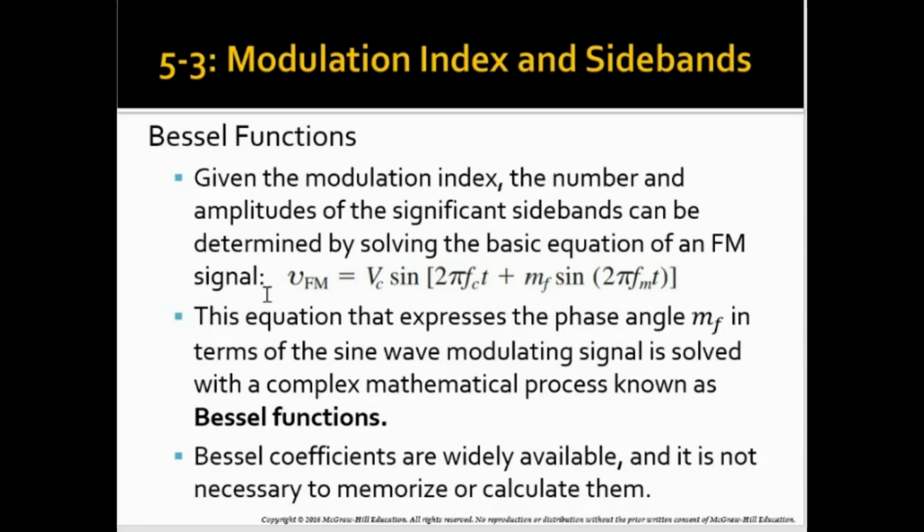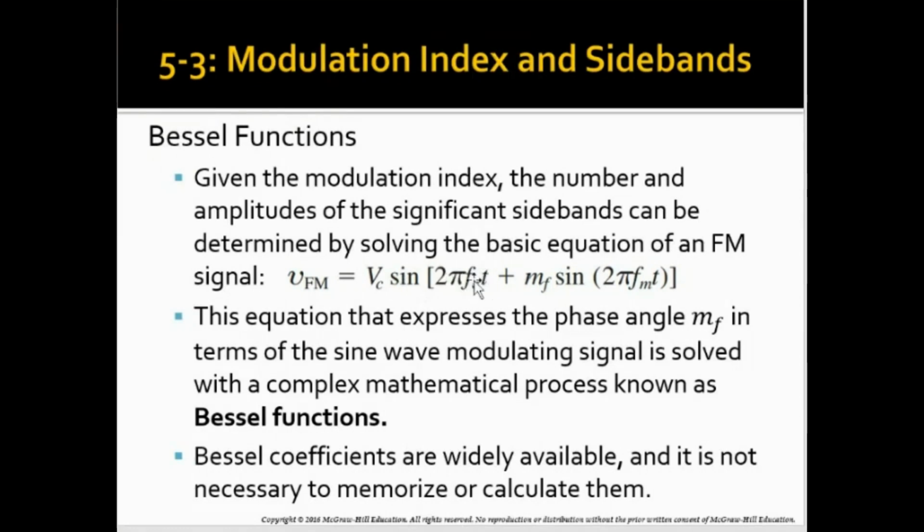So this is FM general equation. So you have carrier frequency, amplitude, sine, which is your carrier, 2 pi FCT, which here still is your carrier frequency.